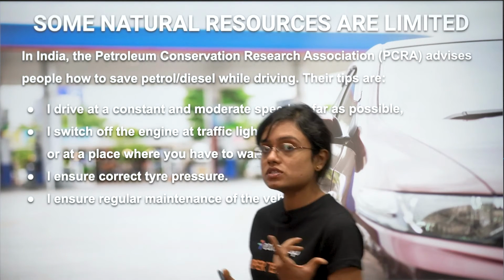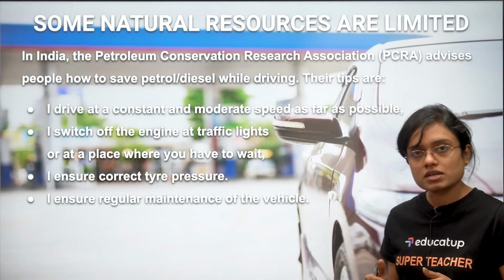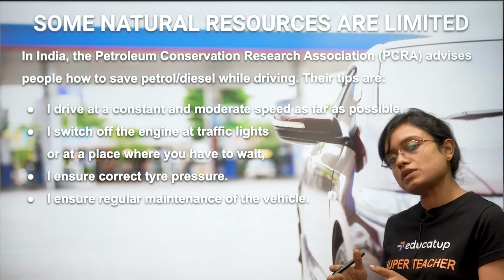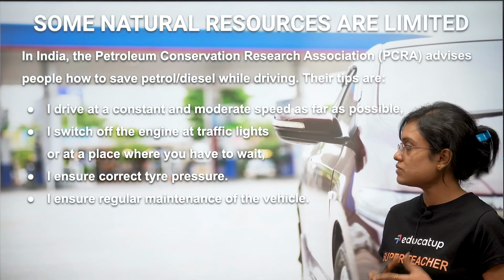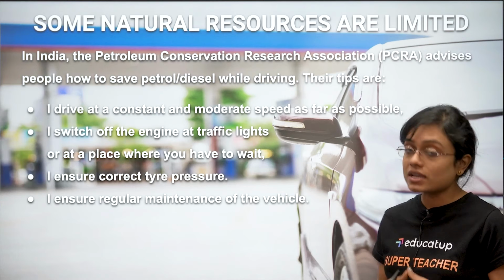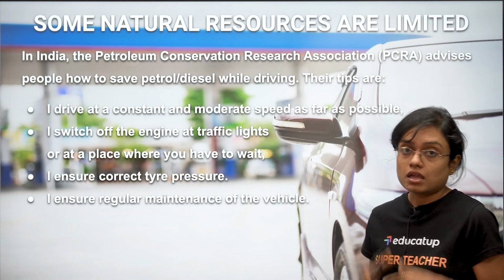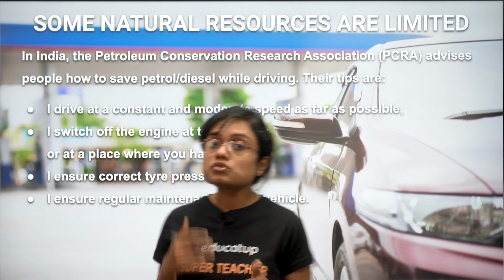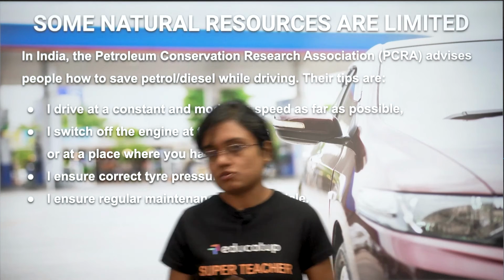So the things which one should keep in the mind are drive at a constant and moderate speed as far as possible because it consumes less petrol or fuel. Switch off the engine at traffic lights or at a place where you have to wait. Ensure correct tire pressure and ensure regular maintenance of the vehicle. These things will help you to reduce your fuel consumption and will save the fuel for other people as well.